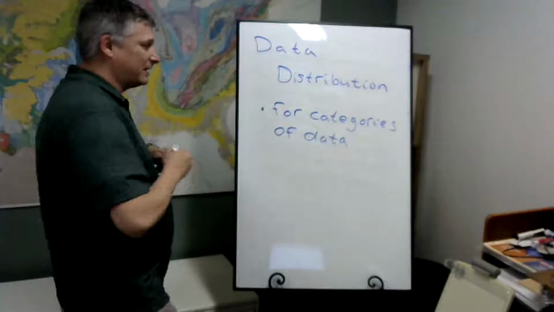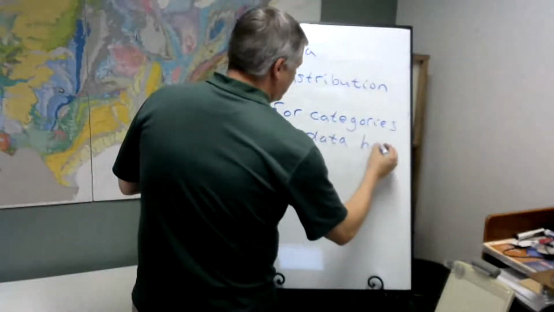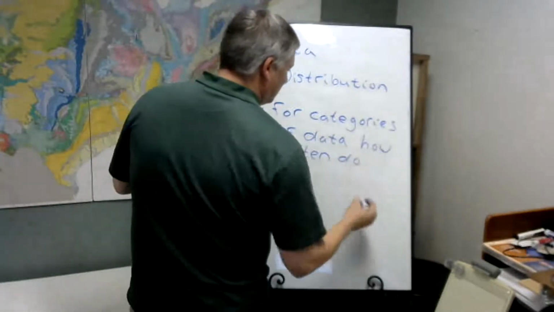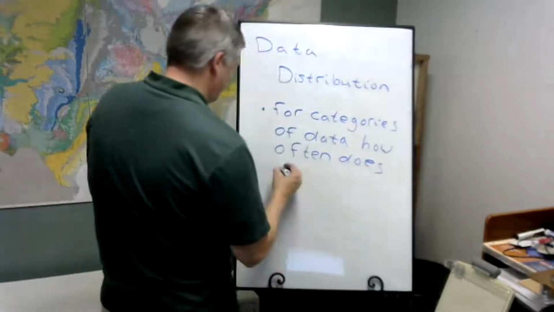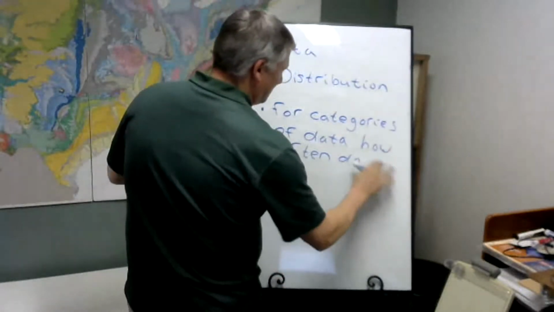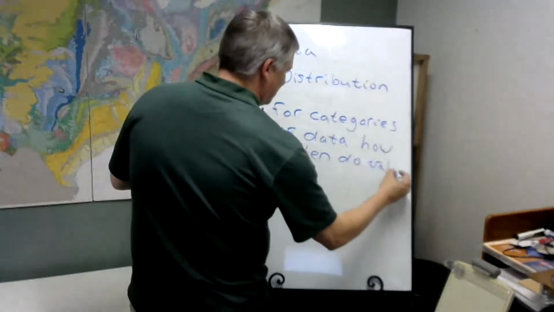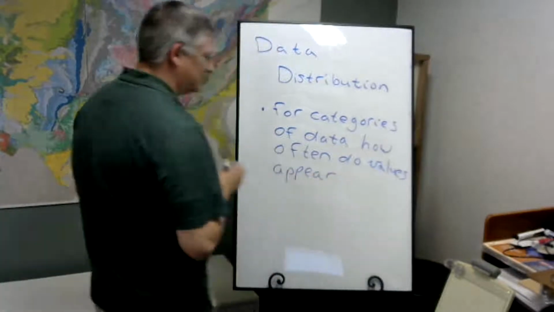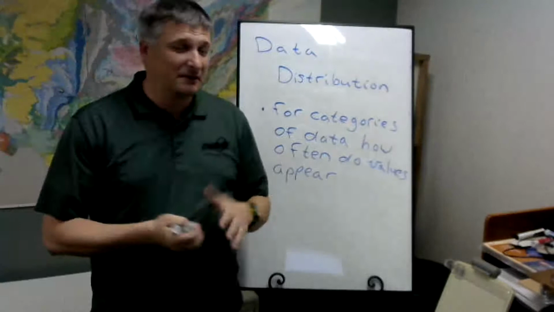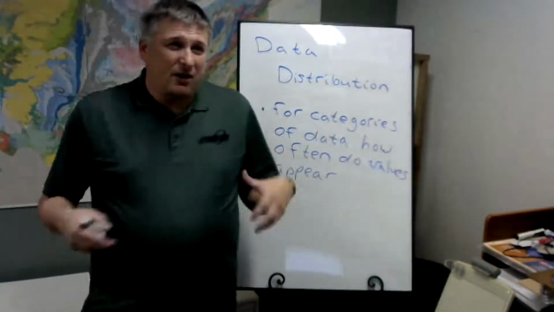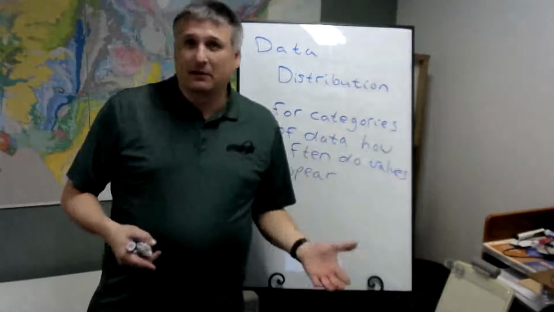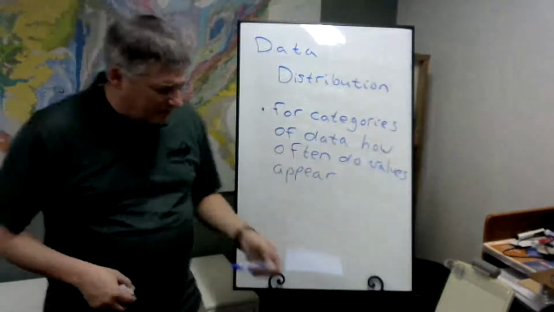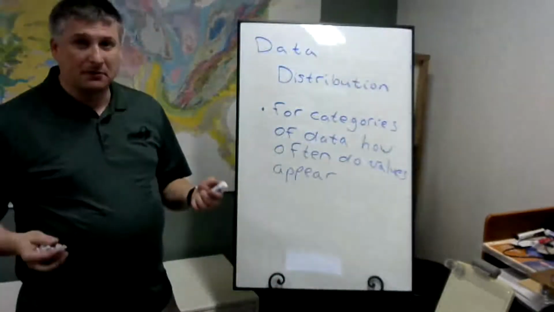So for categories of data, how often do values appear? That's a way of paraphrasing it a bit in the definition. So for each category, how often do we see some piece of data for that category? For example, how many A's were earned, how many B's, and so on. And again, we're going to try to visualize this in some way.